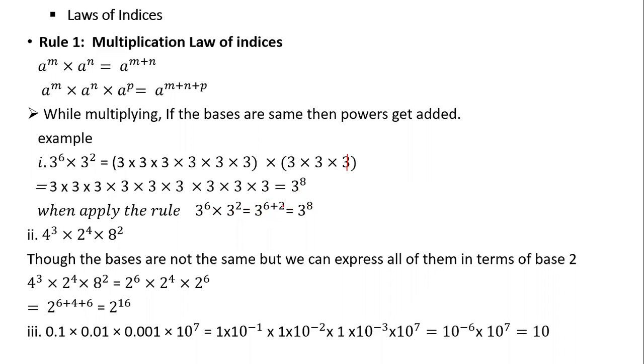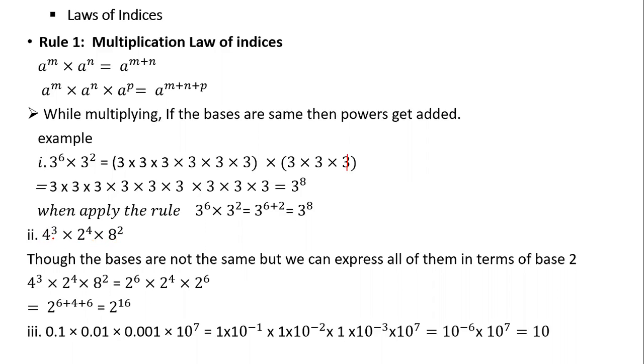Good. Now, if you have 4 power 3 times 2 power 4 times 8 power 2, at this point, the bases are not the same. So we cannot go straight to apply the law here. But we have to check if we can express 4 and 8 as base 2 power something, so that all of them have the same base 2.